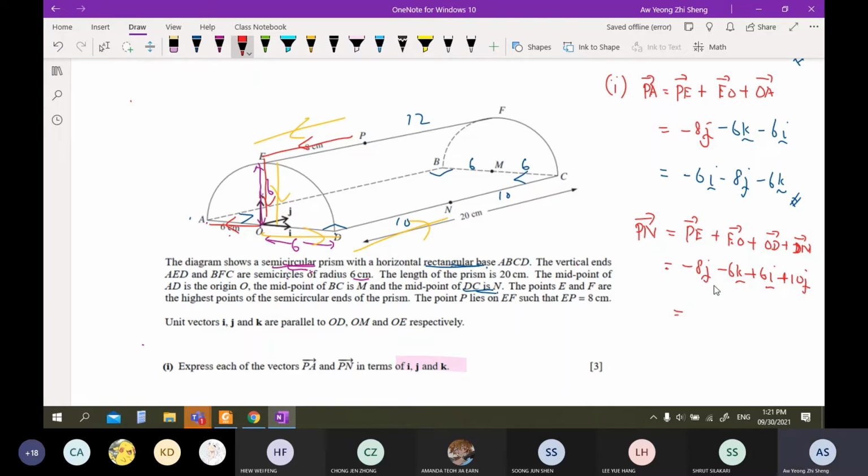Okay, simplify the coefficients. You have two terms that contain j, sum these two terms, and the rest you arrange in order. You have 6i plus 2j minus 6k. So here is the working for part 1 on the right of your screen.